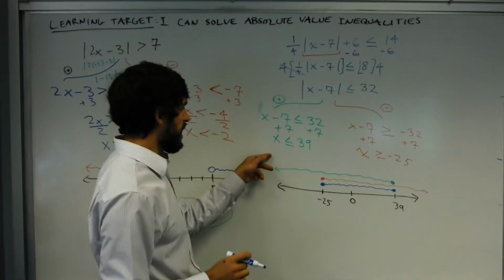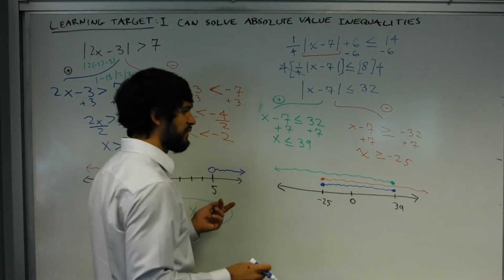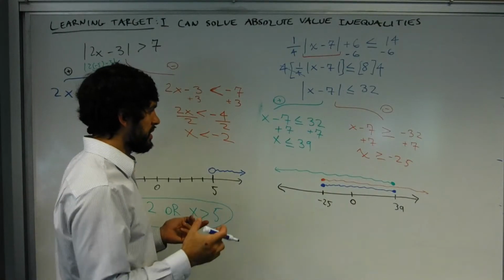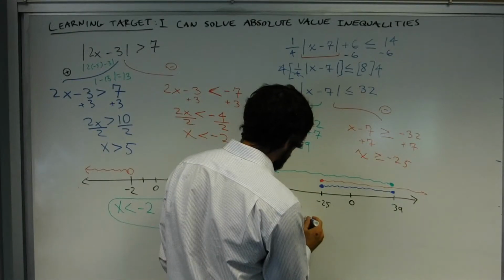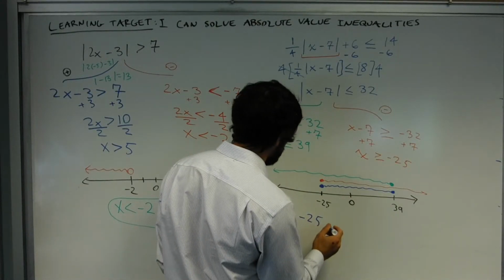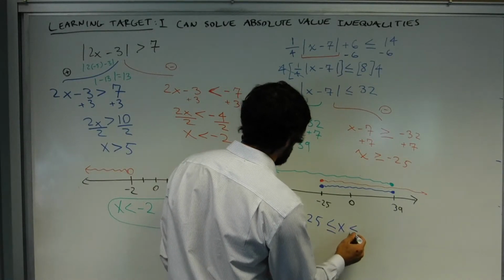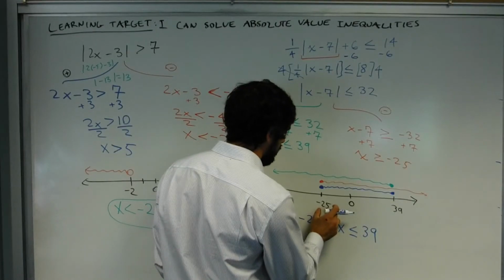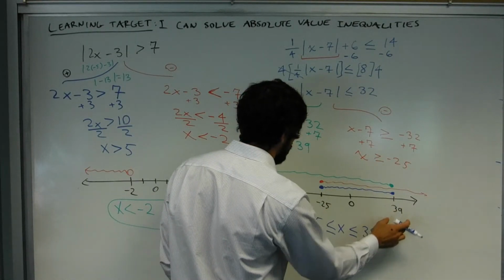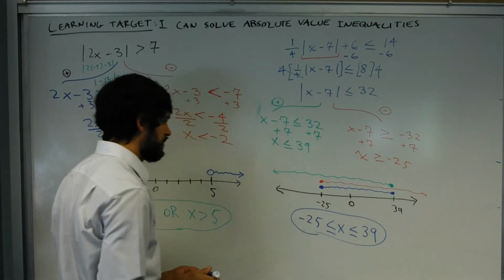The way we'd write this is we'd combine these two, but instead of writing an or, because an or is not correct in this case, we would write negative 25 is less than or equal to x is less than or equal to 39. That's because x is in the middle of negative 25 and 39. And this would be our answer.